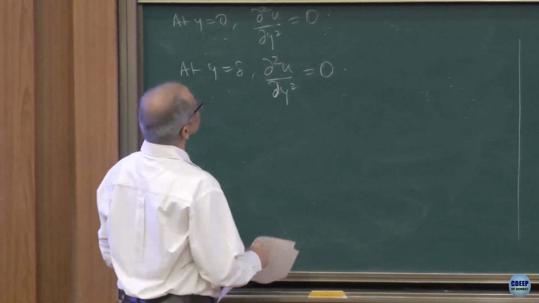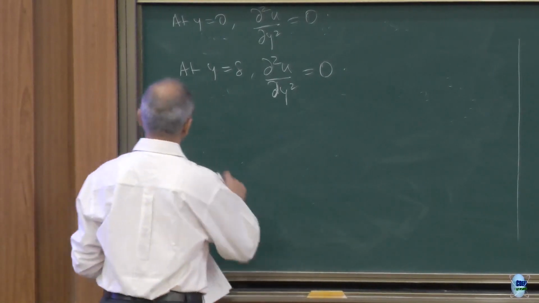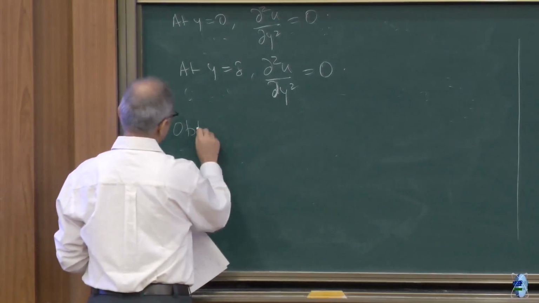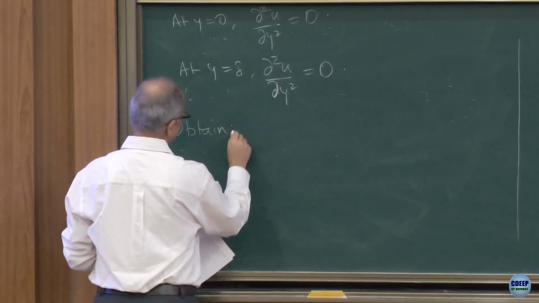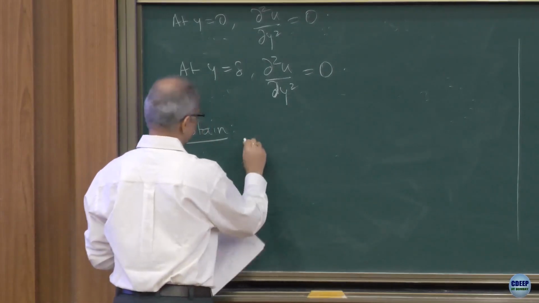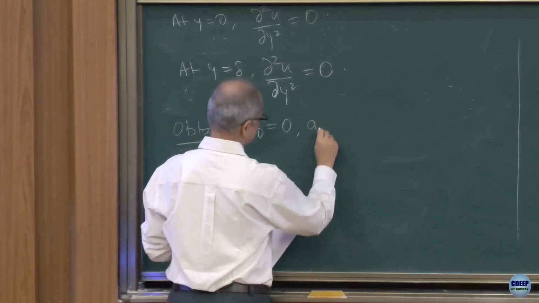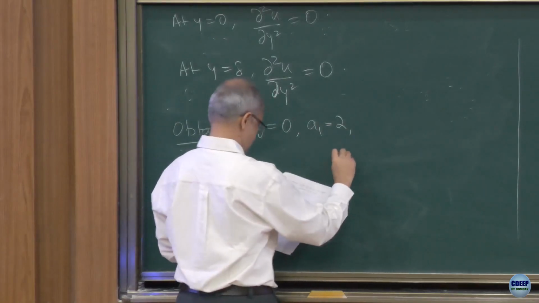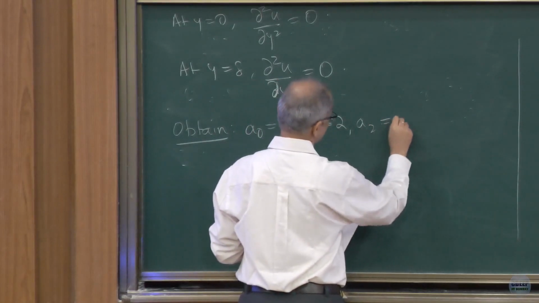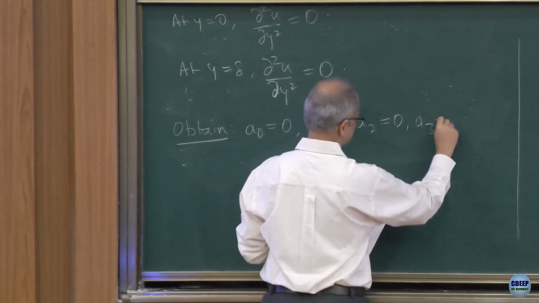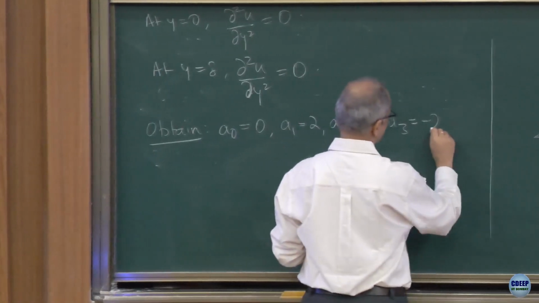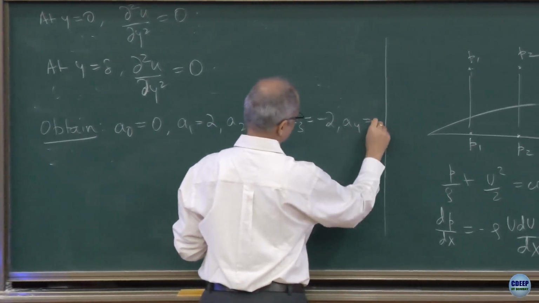So now I will say we are not going to solve this. I will just say obtain, using these 5 conditions, A naught is equal to 0, A1 is equal to 2, A2 is equal to 0, A3 is equal to -2, and A4 is equal to 1.